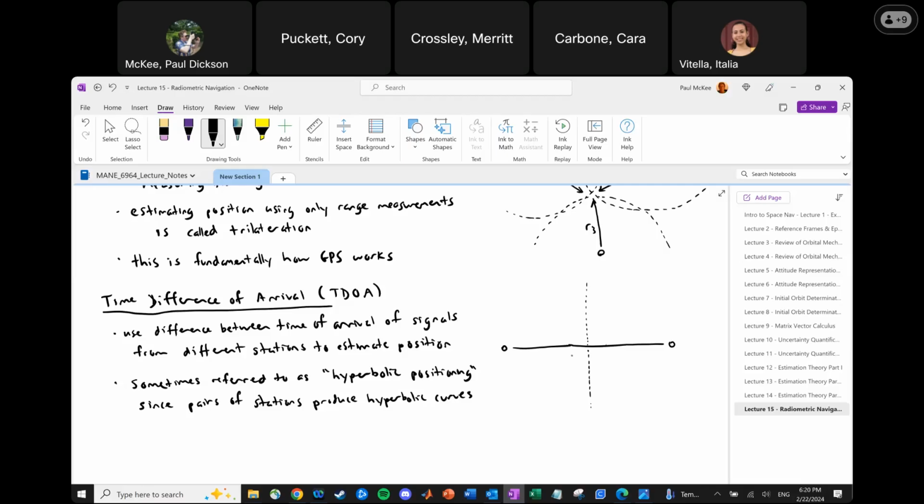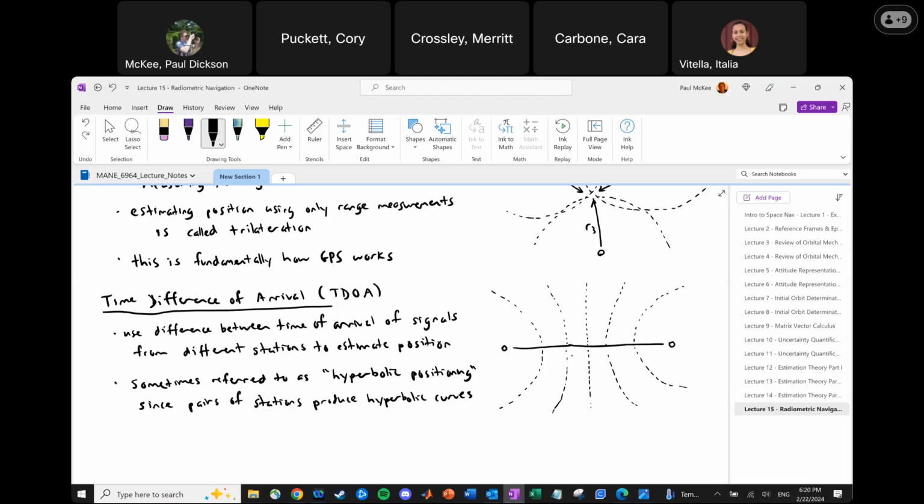Similarly, if you were on this dotted line or on this dotted line, it starts to look like a basketball, right? What I'm drawing are hyperbolic surfaces, kind of more or less aggressive hyperbolas. So if you were here, or here, or here, or here, you would get the same TDOA measurement.